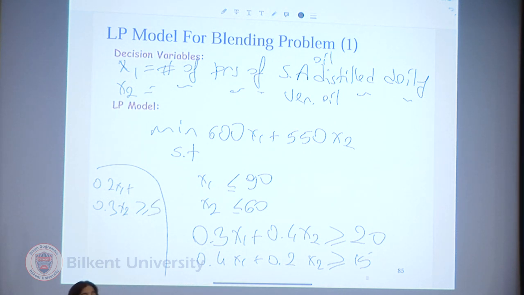So now x1 = 0, x2 = 0 is no longer feasible, because I have to have 20, 15, and 5. Anything else? Or is it done?